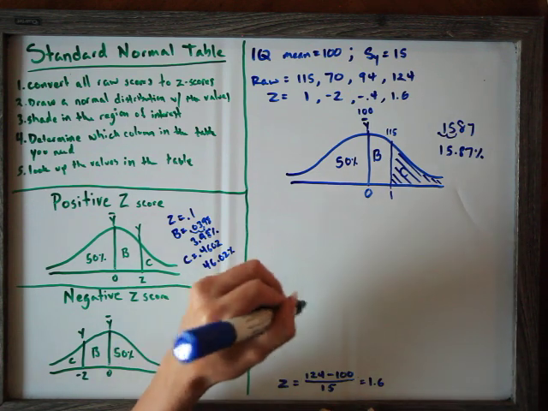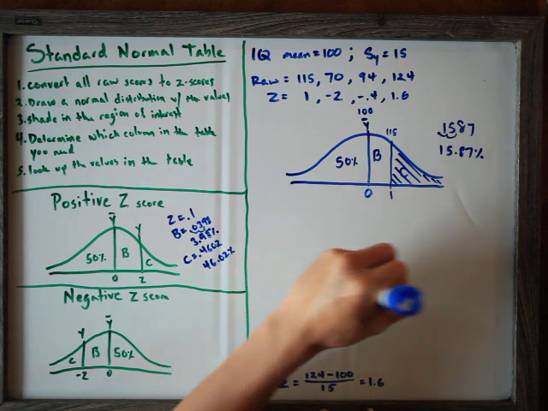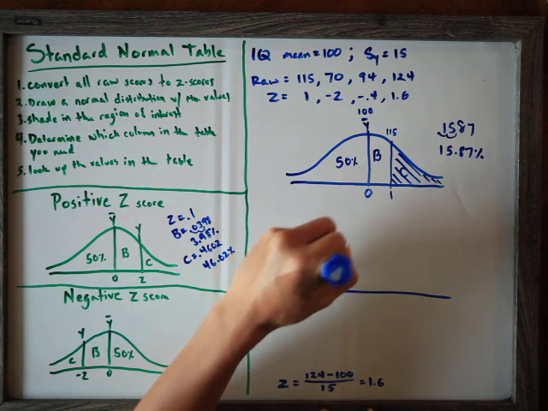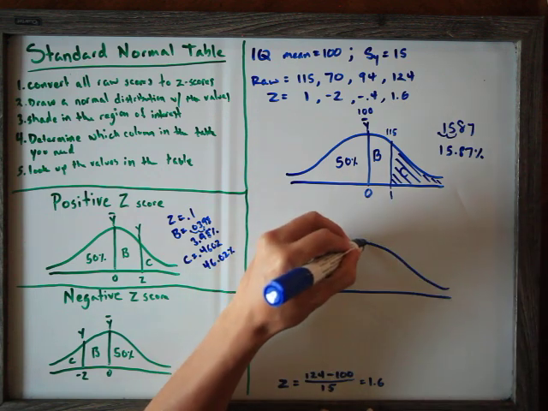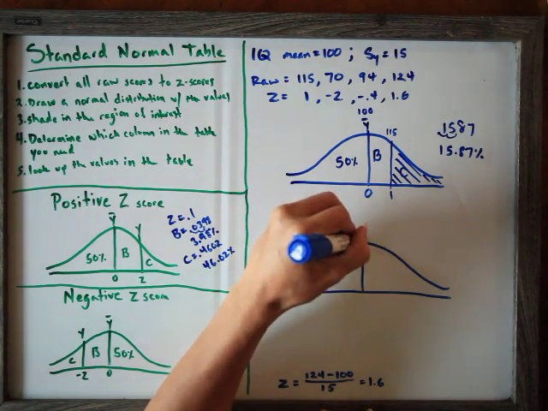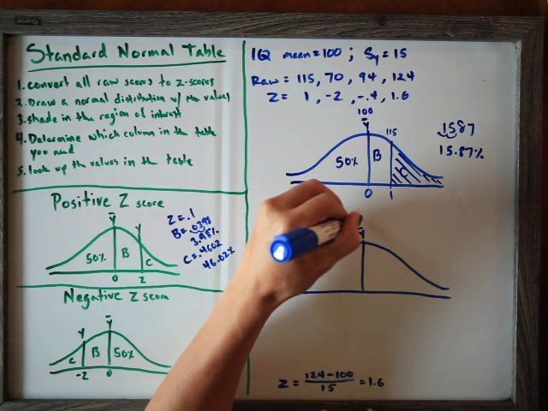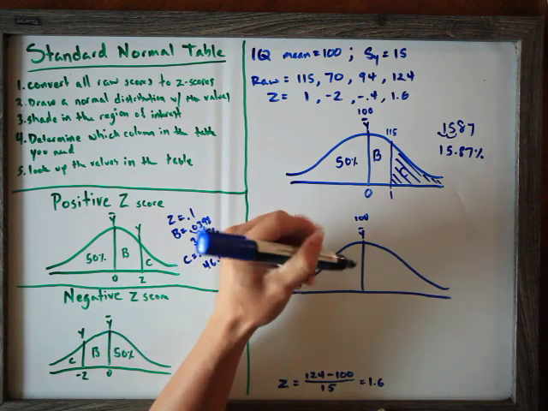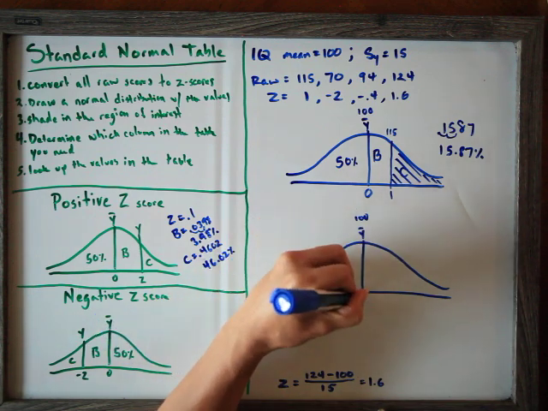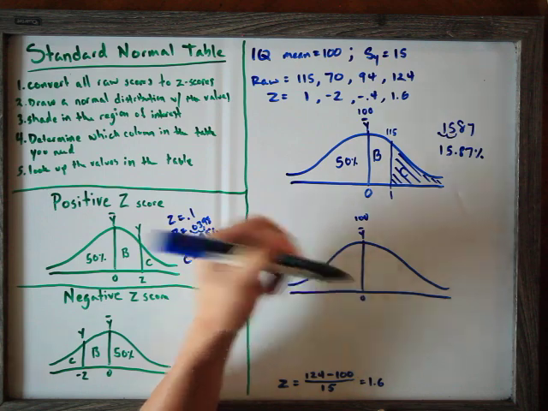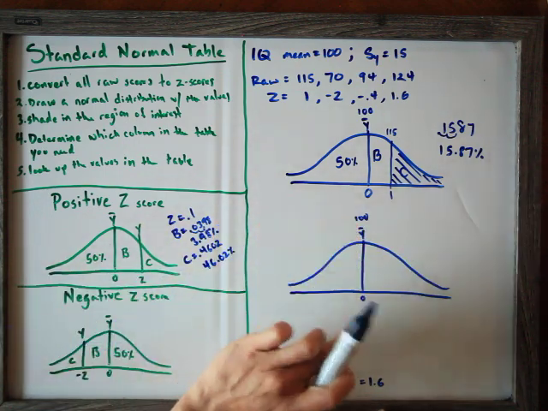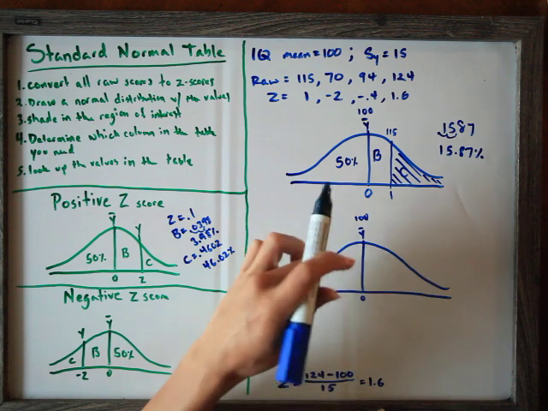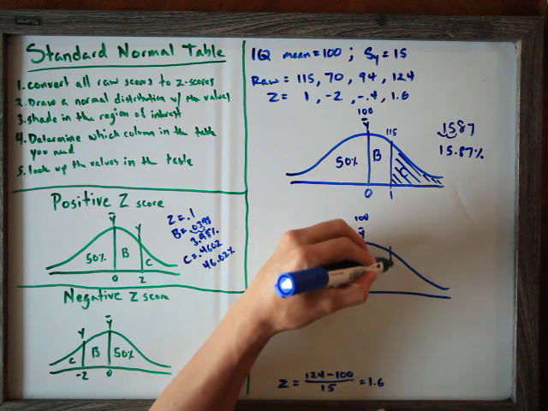Now, suppose I asked you, what percent of the population scored lower than 115? I'm going to do the same thing. I'm going to draw a normal distribution. Y bar is always going to have a z-score of 0. 115 is still higher than 100, so I draw a line over here.